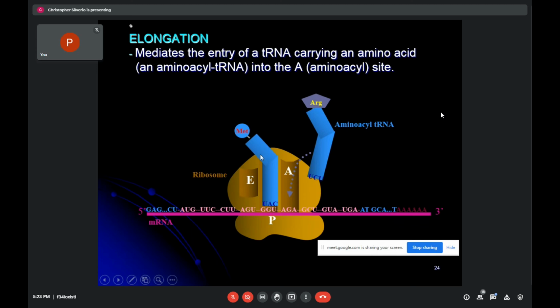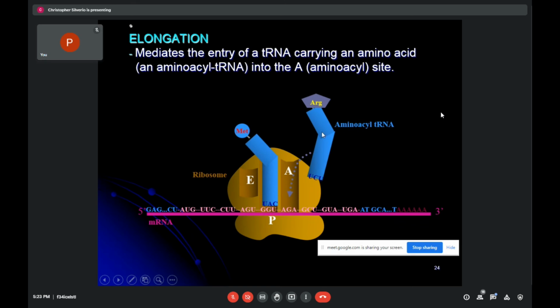And here is now the transfer RNA that moved to the P site, the peptidyl site, where the polymerization starts, forming a polymer. And this is the transfer RNA carrying the amino acid methionine.